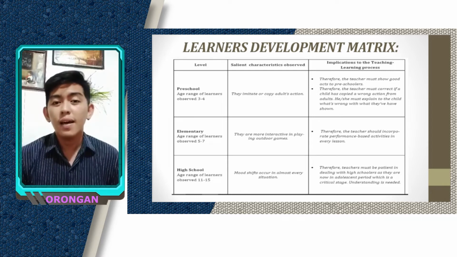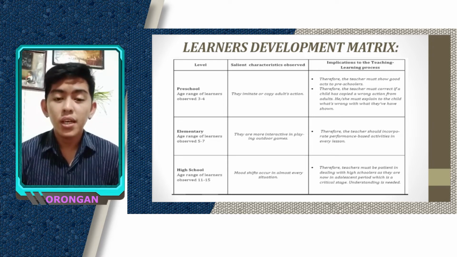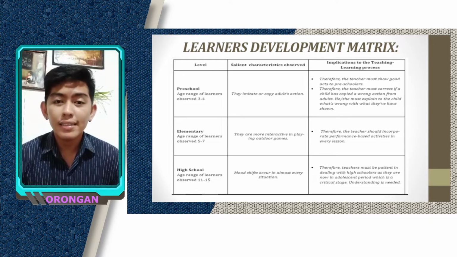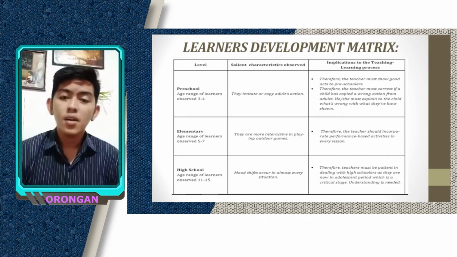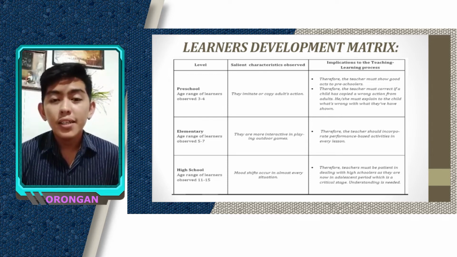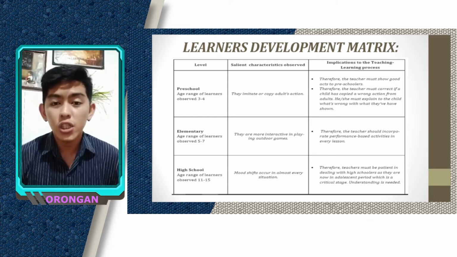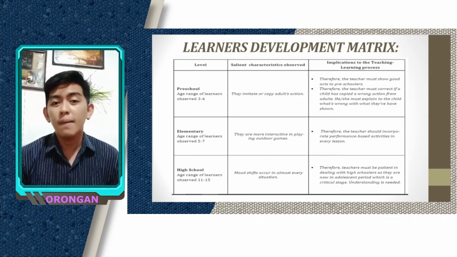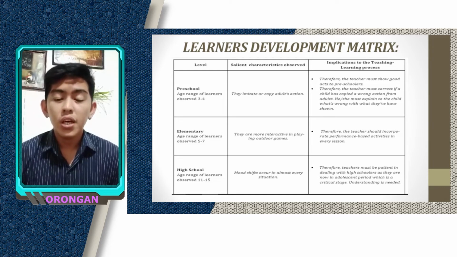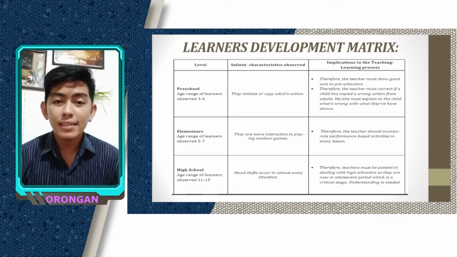So implication to the teaching learning process, teacher must be patient in dealing with high schoolers as they are now in adolescence period, which is a critical stage. Understanding is needed. Yes, that's true. Kailangan talaga ng understanding at saka patient ng mga teachers sa mga high schoolers kasi dyan lumalabas yung pagkakasaway nila.